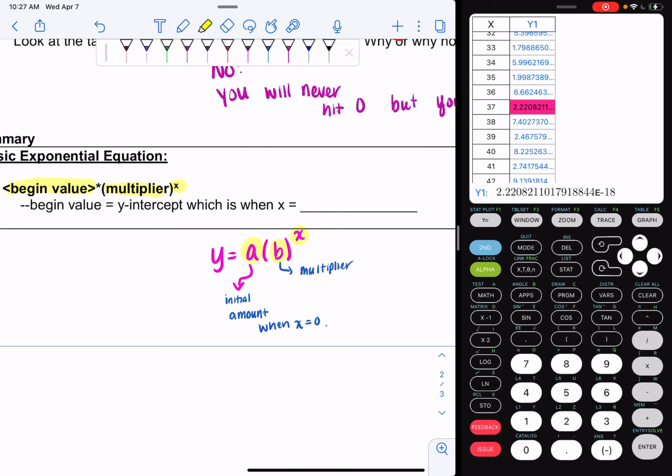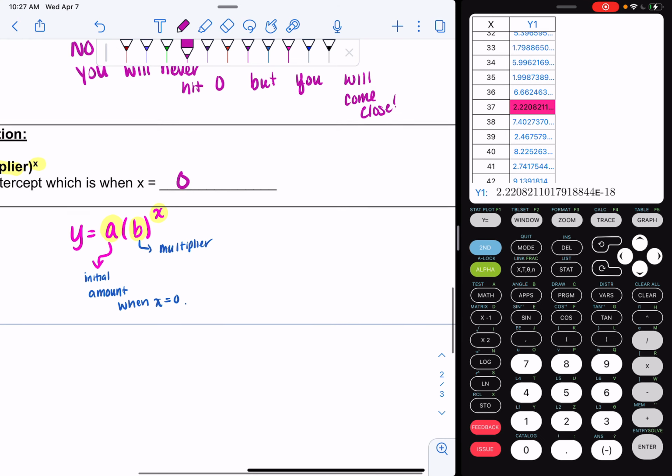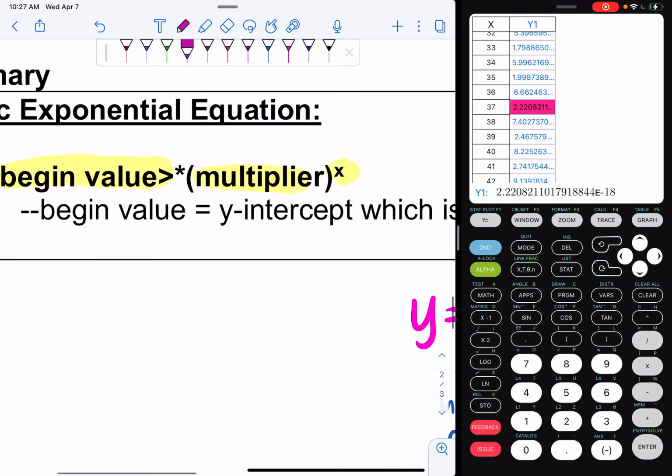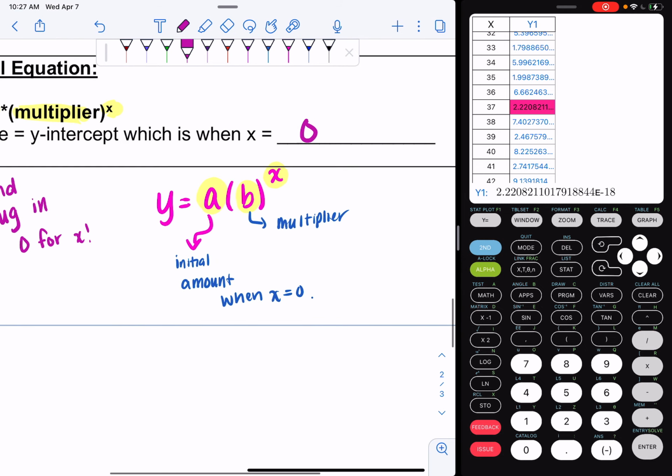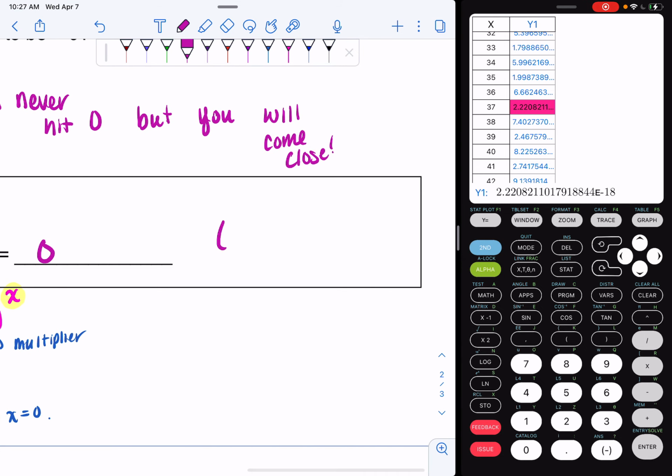So your initial amount is your beginning value, and that is when X is equal to 0. So to find out your initial value or your beginning value, you just plug in 0 for X. And when you do that, you end up getting an ordered pair, and your ordered pair will look something like this: 0, comma, B. And that's your beginning value.